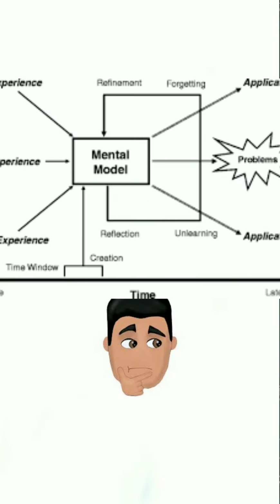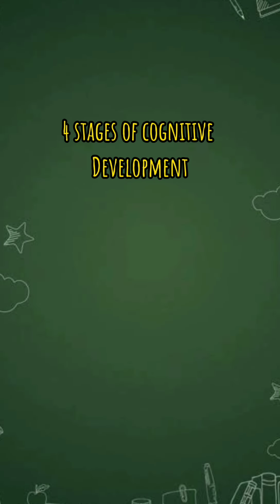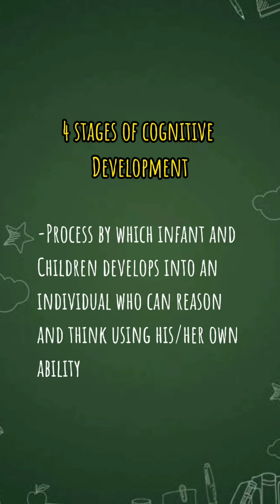This theory explains how a child constructs a mental model of the world. Piaget's four stages of cognitive development explain the process by which infants and children develop into an individual who can reason and think using his or her own ability.